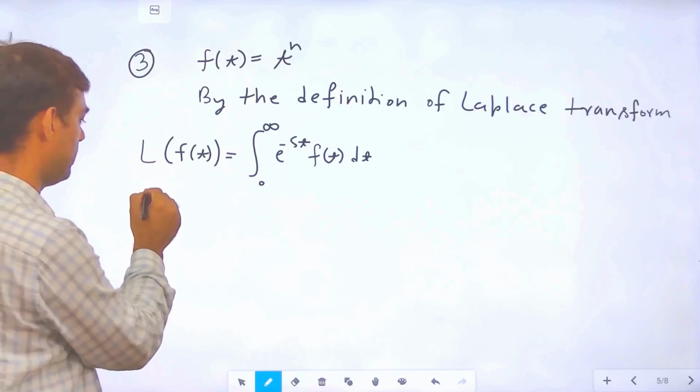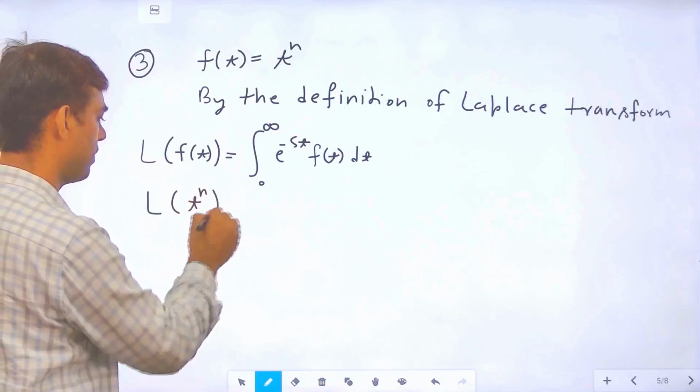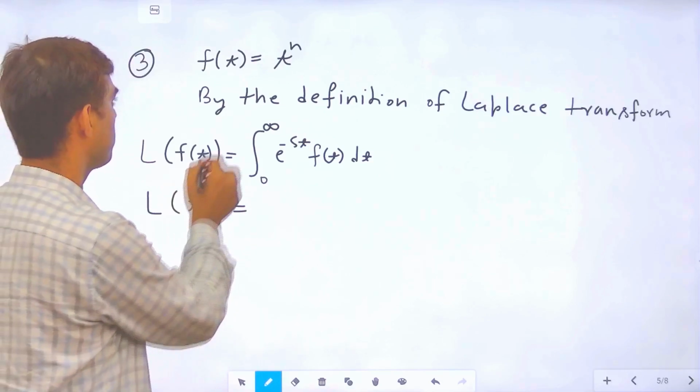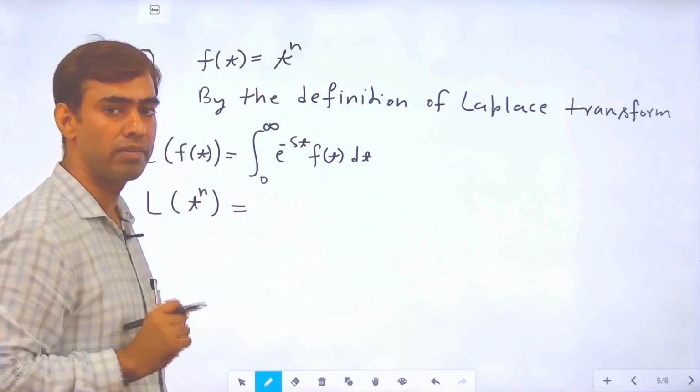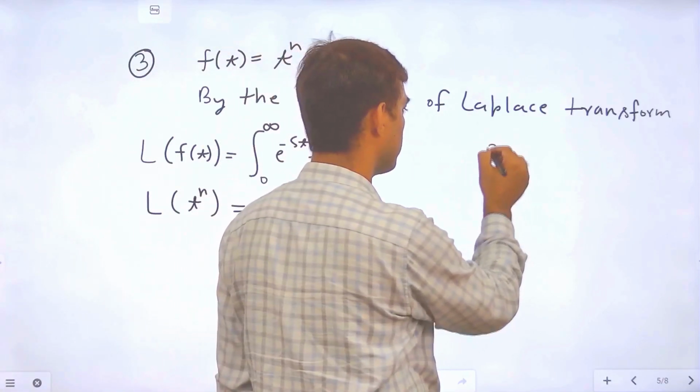So in place of f(t) we write t to the power n. In order to find the Laplace transform of t to the power n using the gamma function, we use one property of the gamma function. What is the property?